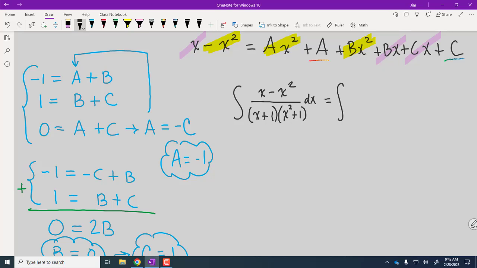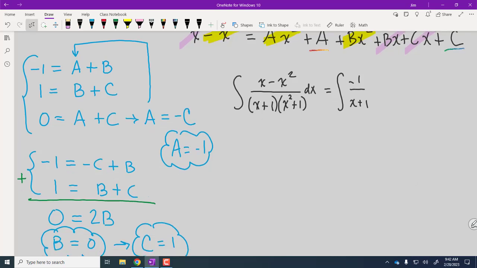So a over x plus 1, so negative 1 over x plus 1. And then we had bx plus c. So b is 0, that's 0x plus c. That gives us plus 1 over x squared plus 1.